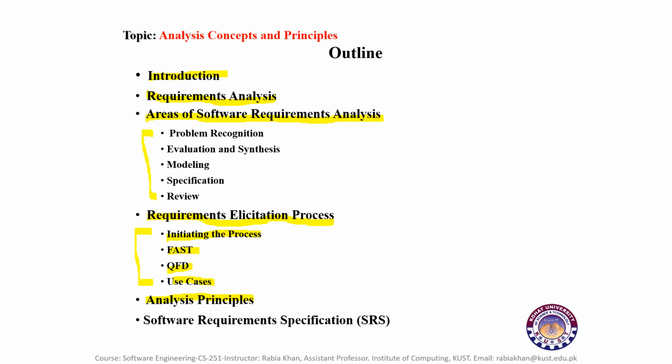While the third principle was that the behavior of the software must be represented as well. So the model, along with representing the function, also represents the behavior of the system.